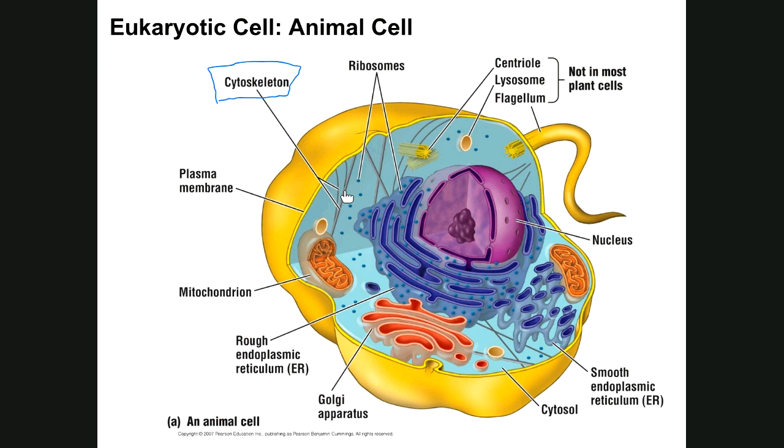A general description of most non-membranous organelles is that they are formed primarily by protein fibers. Cytoskeleton is a perfect example.